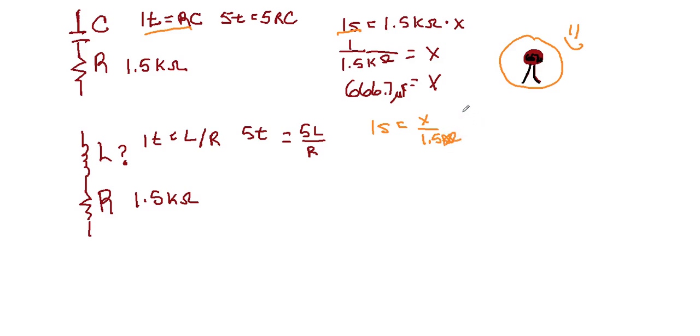And as we will see, 1 second times 1.5 k ohms is equal to x. Well, wait a minute. 1,500 henries is what we need for x.